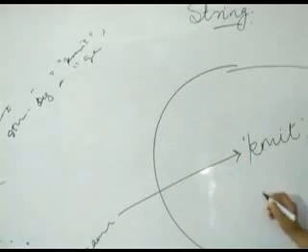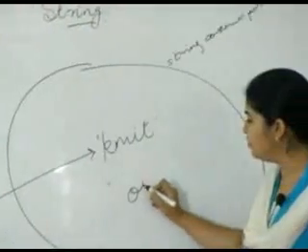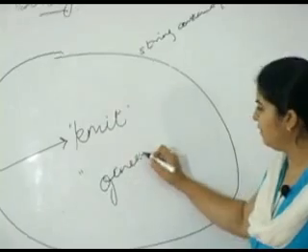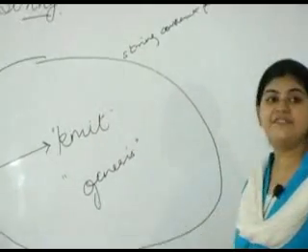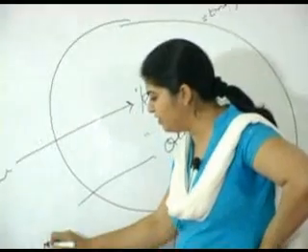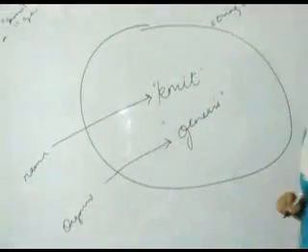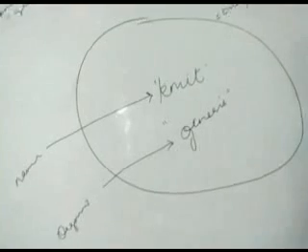That means I am creating another object which has the value Genesis, and the reference variable for this particular Genesis is organization. So organization is a reference variable which is pointing to another object, Genesis.